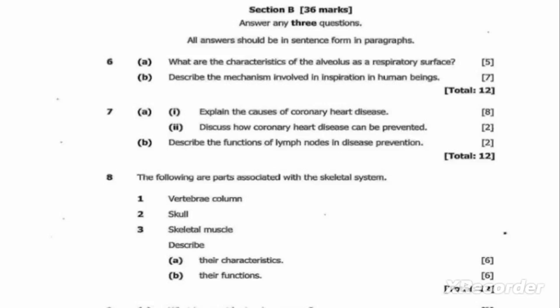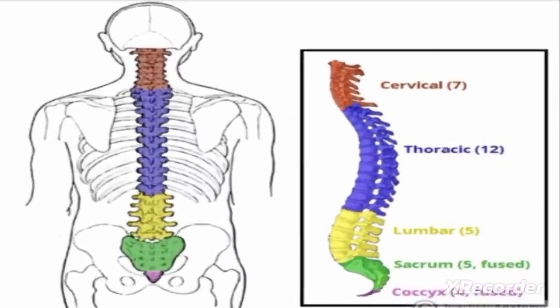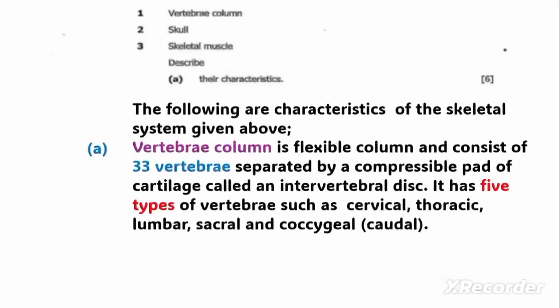So each question is carrying 6 marks. We have 3 parts of the skeletal system, so we are going to describe their characteristics. Since we have 3 parts, each part will be carrying 2 marks. So we are going to start with the vertebral column.